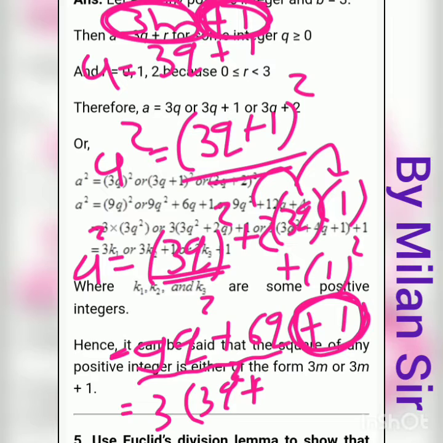We can take it, but we do not need to. So only take 3 as a common. So 3q square plus, now 6q, 3 2s are 6 and q as it is, and plus 1 as it is. So 3 in bracket, 3q square plus 2q plus 1.